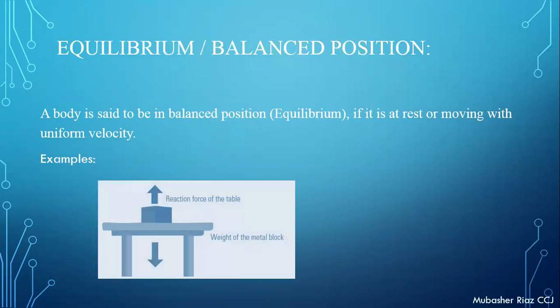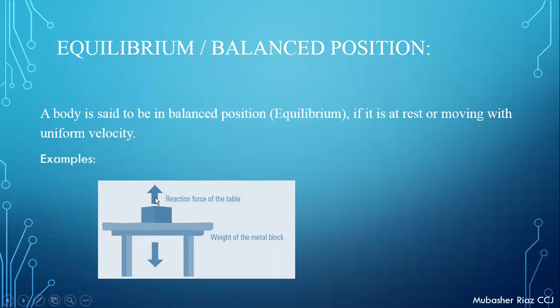a metal block is present on the surface of a table. In this case, this metal block experiences two forces. Force number one is its weight, which is acting vertically downward. And there is another force called the normal reaction force, which is acting vertically upward, perpendicular to that plane.